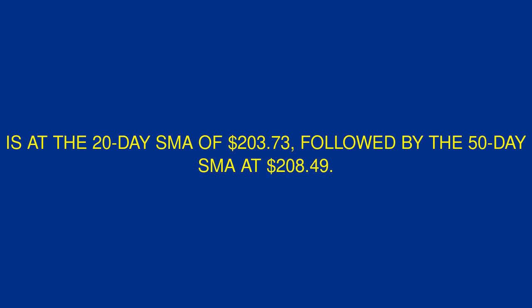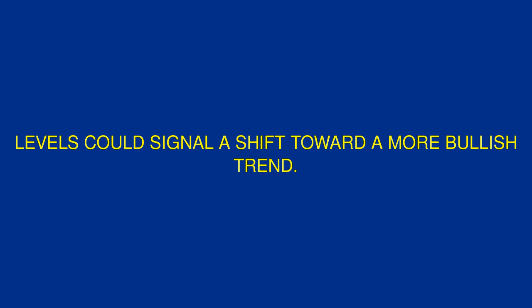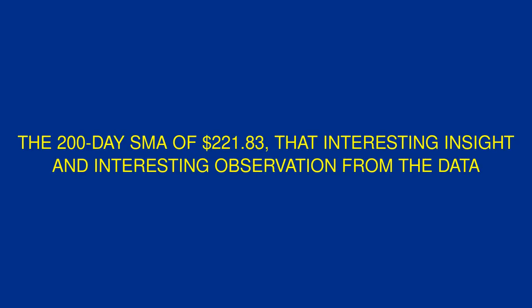Resistance. The first resistance is at the 20-day SMA of $203.73, followed by the 50-day SMA at $208.49. A break above these levels could signal a shift toward a more bullish trend, with the next significant resistance at the 200-day SMA of $221.83.